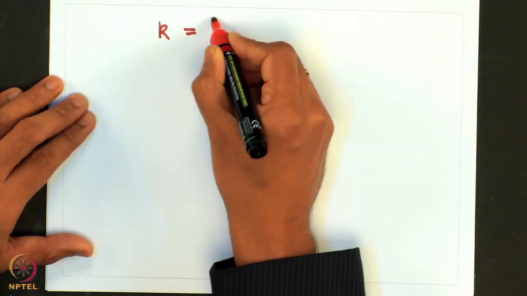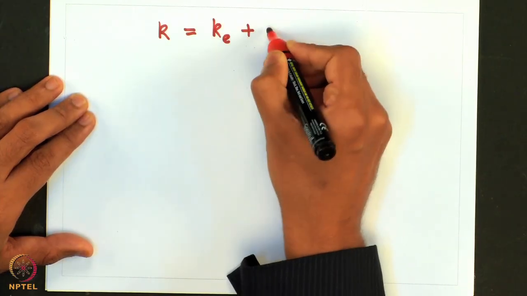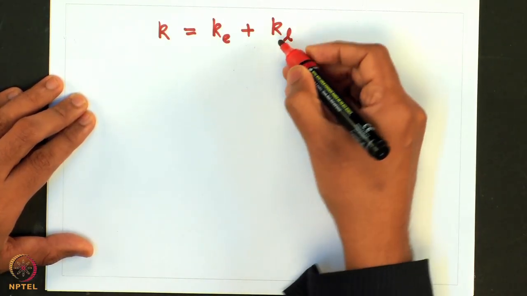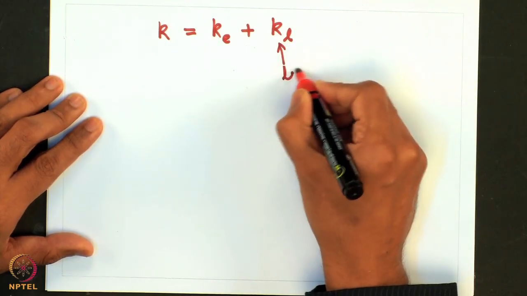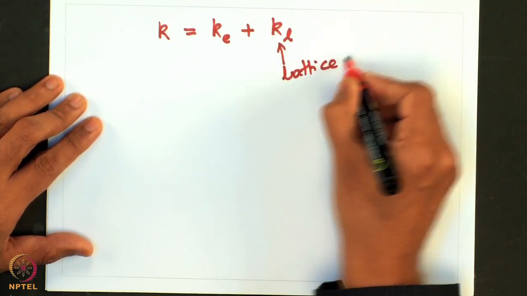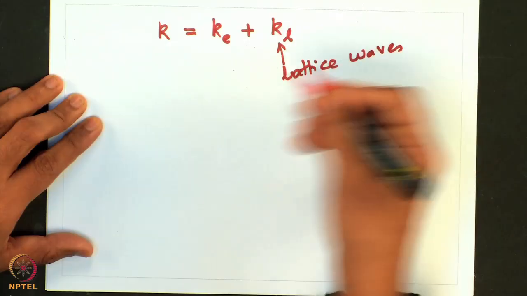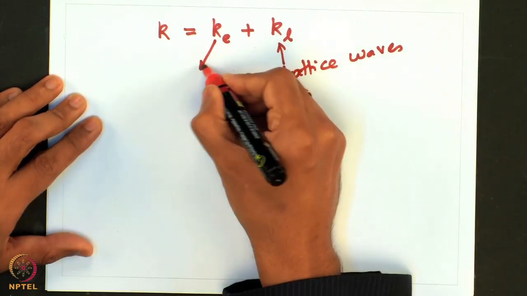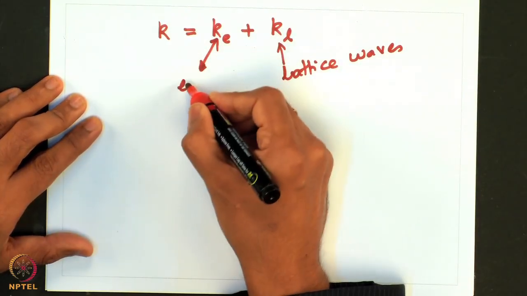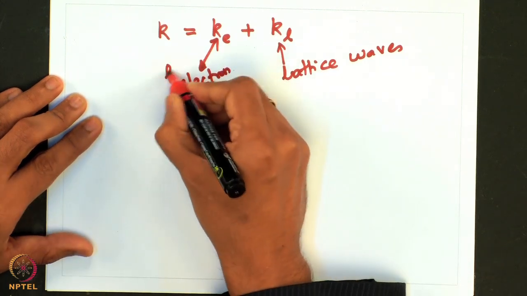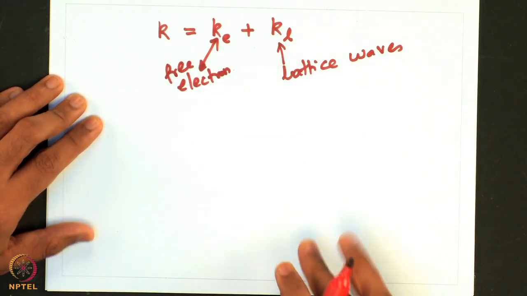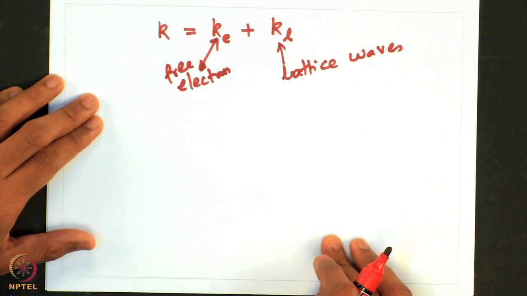Now, the thermal conductivity in a solid typically has two components, Ke and Kl. Kl is the component that is because of lattice waves, and Ke is because of the free electron movement.